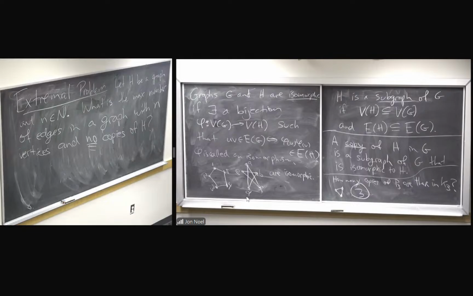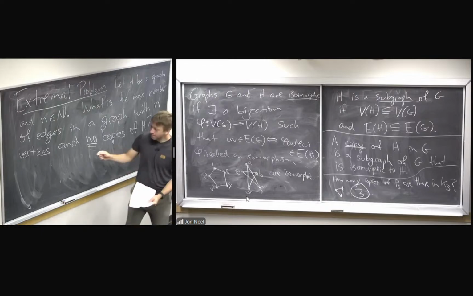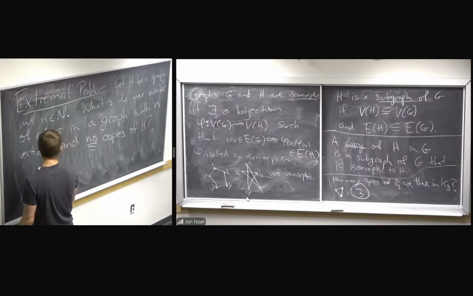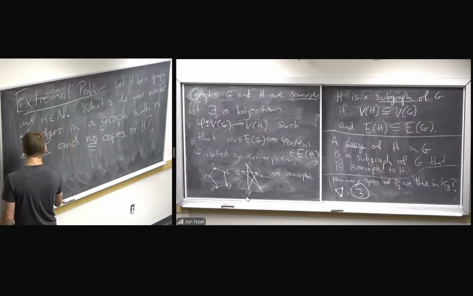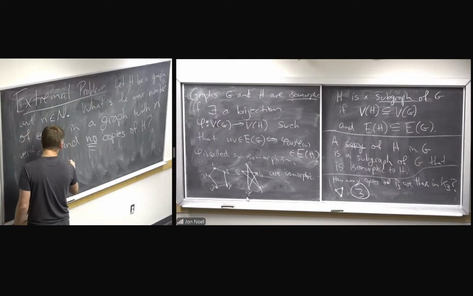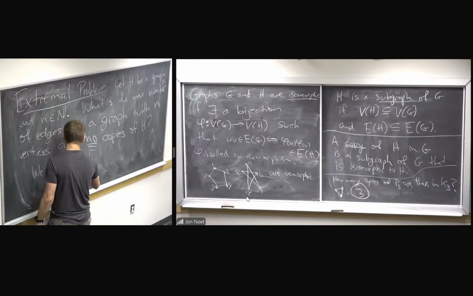Okay. So you've got a sort of local constraint, right? Let's say H has k vertices. Any k vertex set, you're not allowed to put the edges of a copy of H in there. And subject to that, you want to have as many edges as possible. This maximum we let ex(n, H) denote.